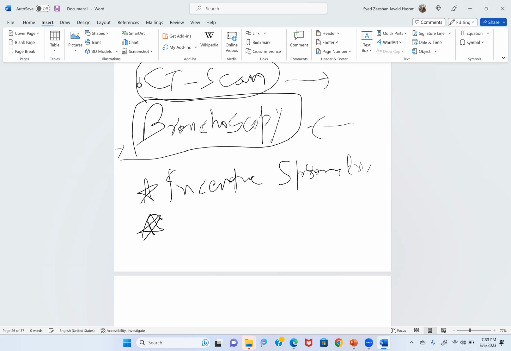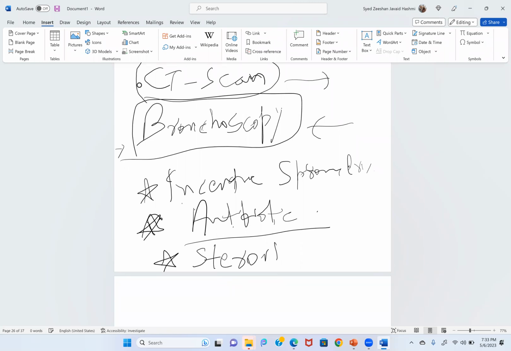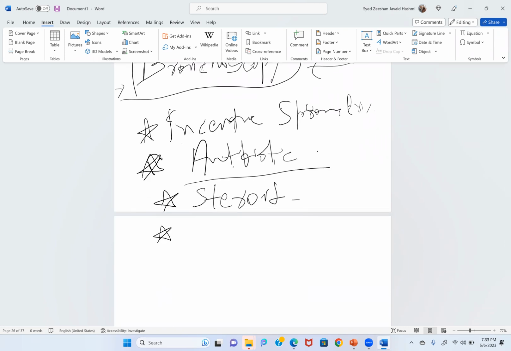Then maybe an antibiotic course to treat the infection, then maybe a steroid course. Then for example, if there is pleural effusion and you have a surgery, maybe you do a pleural tap, either a surgically placed chest tube or maybe a pigtail tube or drainage, so it can help.